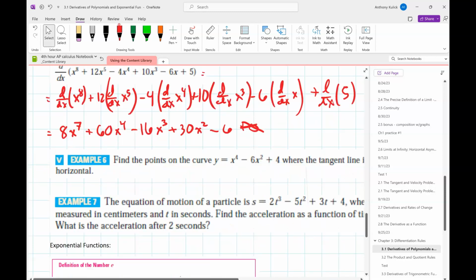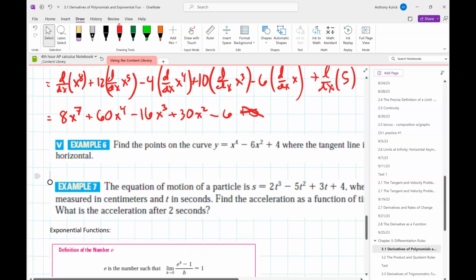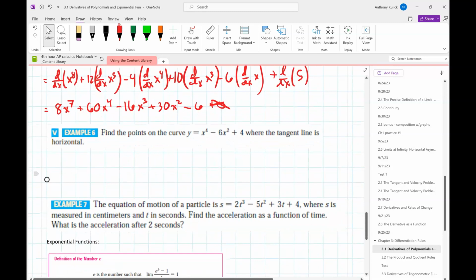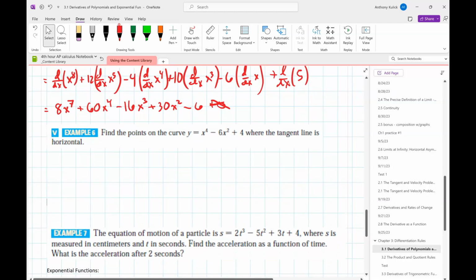All right. Let's do a couple of examples. It says find the points on the curve y equals x to the fourth minus 6x squared plus 4, where the tangent line is horizontal. So when we say tangent line, what are we looking for?